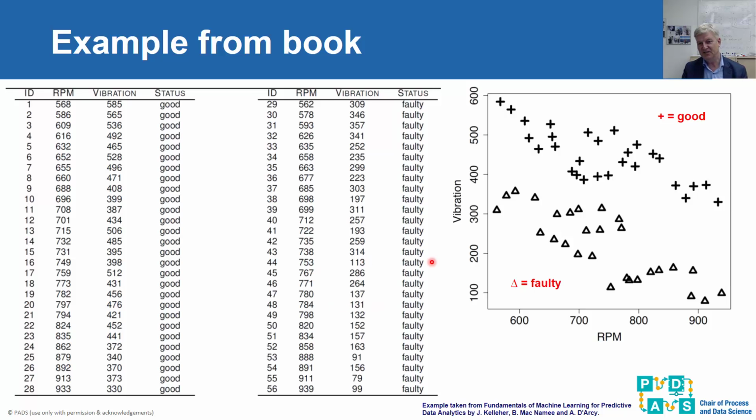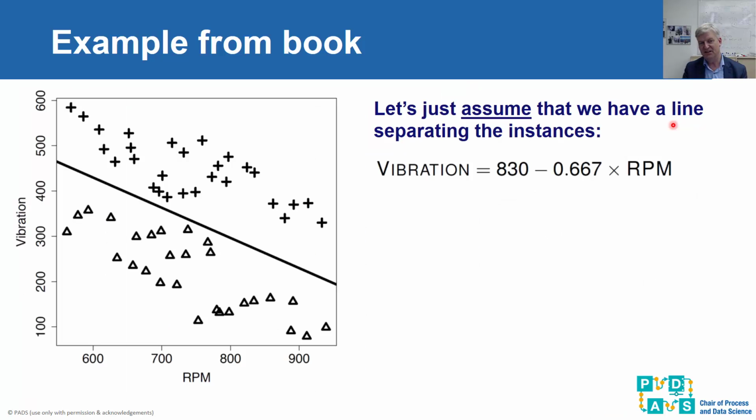So this is an example of the book that is using this principle. We have two variables, and a target variable which is good or faulty. Faulty is indicated by these triangles, good is indicated by these pluses. And again, we need to use a similar encoding as we had before.